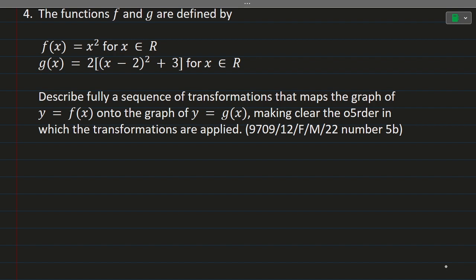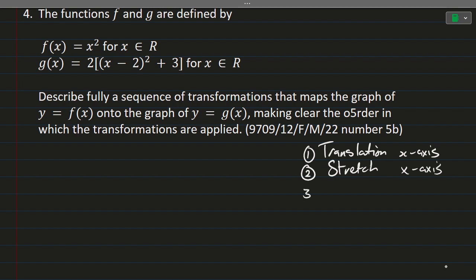So let's just start out by listing out the order in which transformations should be applied. So that's translation in the x direction. Then number 2, we have a stretch, again in the x direction.